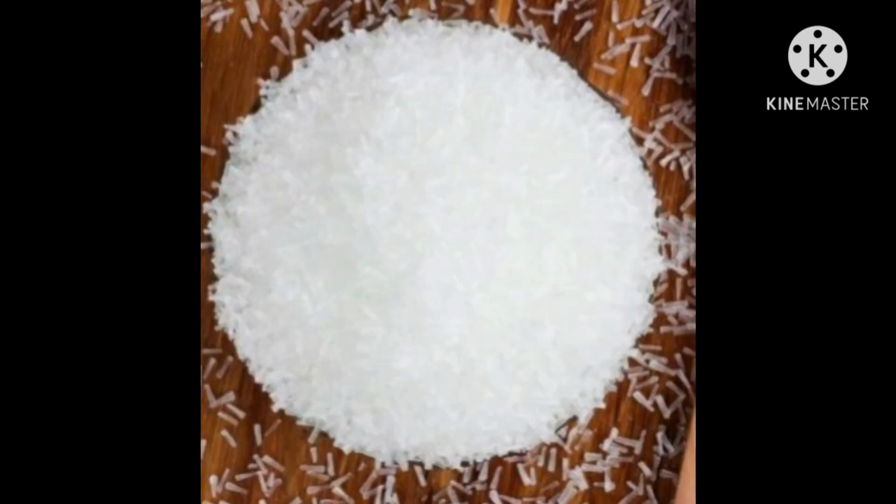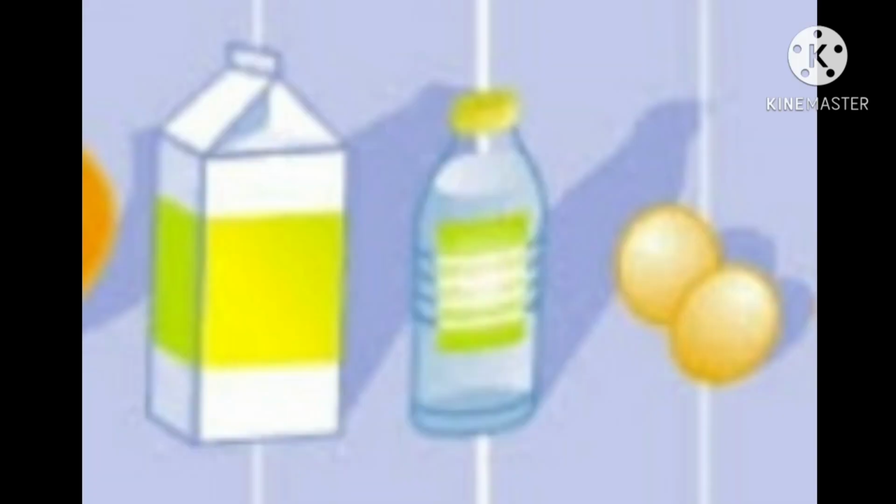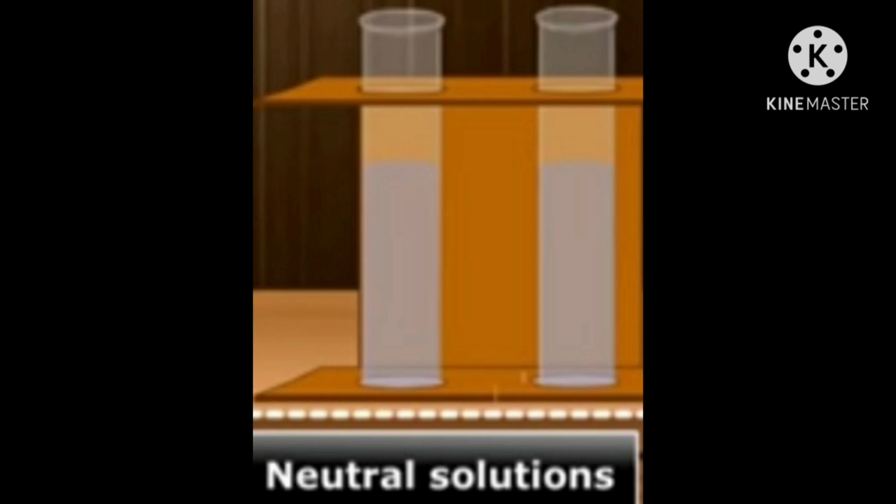There are some substances which have no effect on any indicator. Such substances are neither acidic nor basic. The substances whose solutions do not change the color of any indicator in any way are called neutral substances.